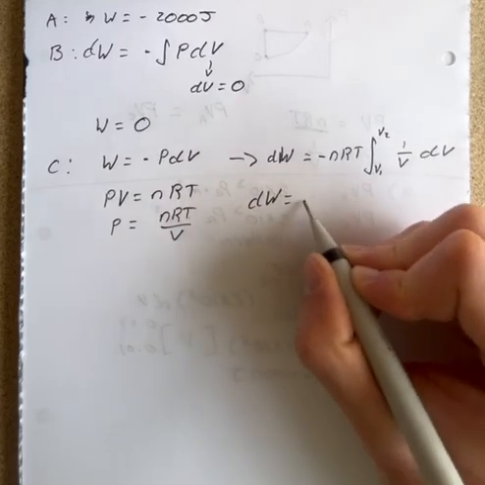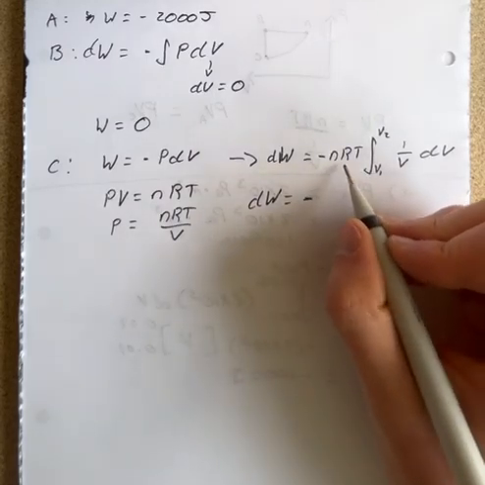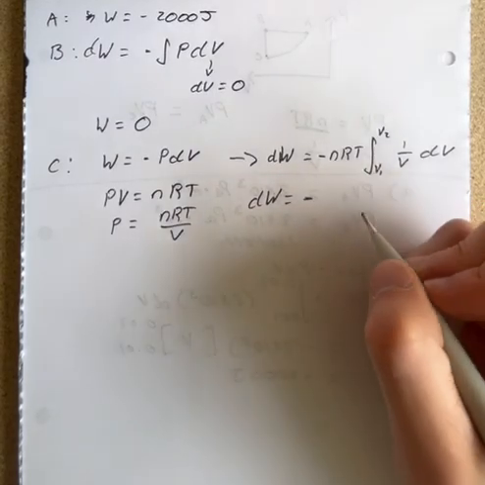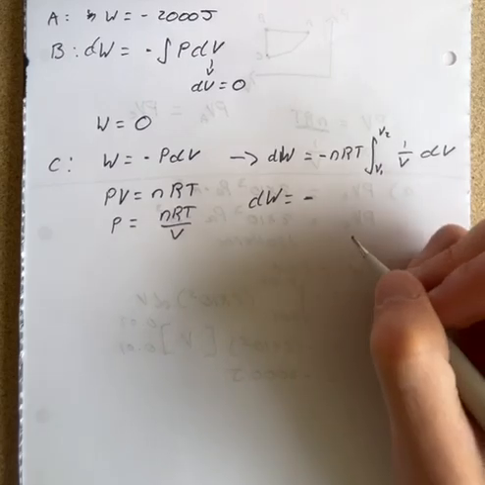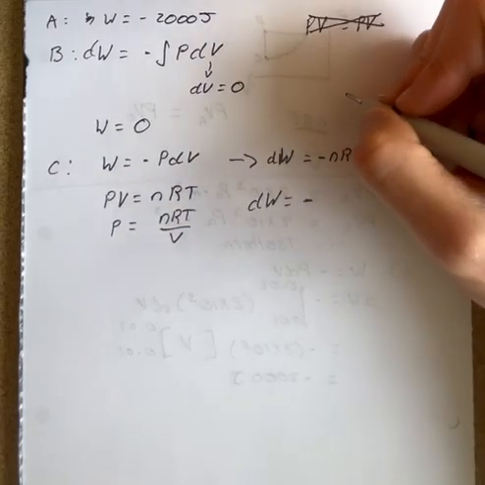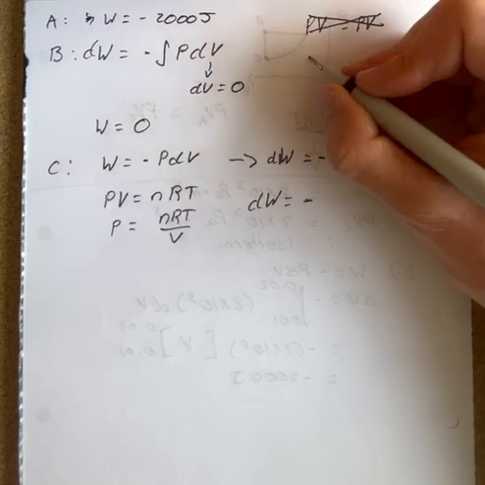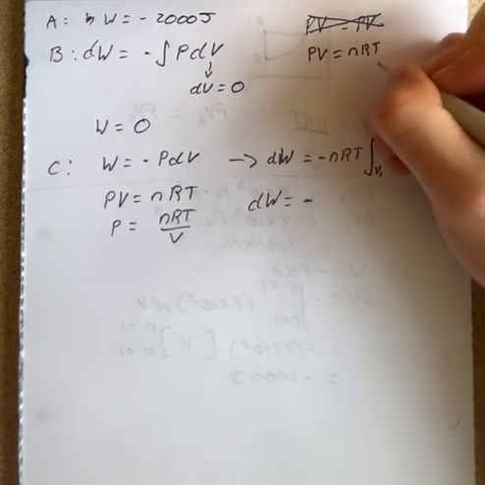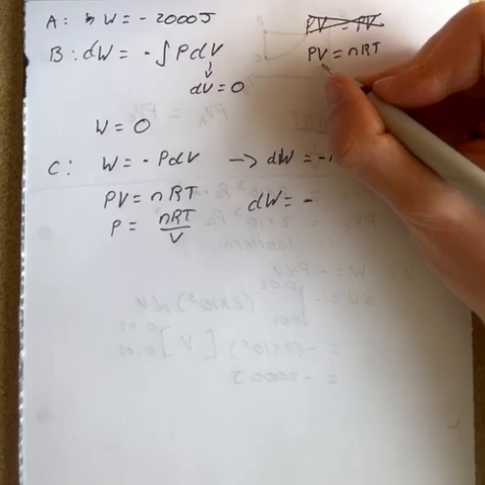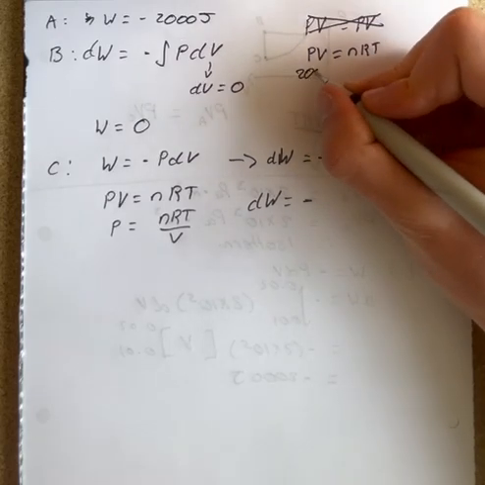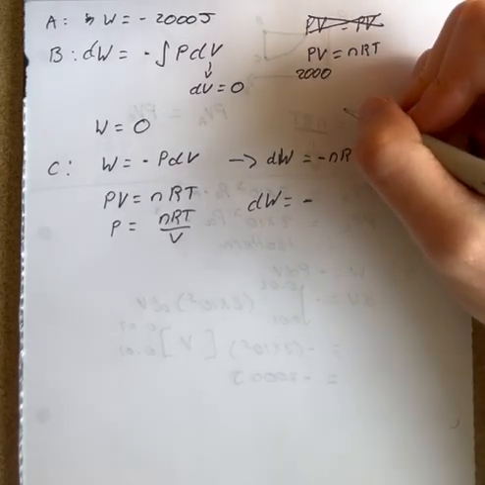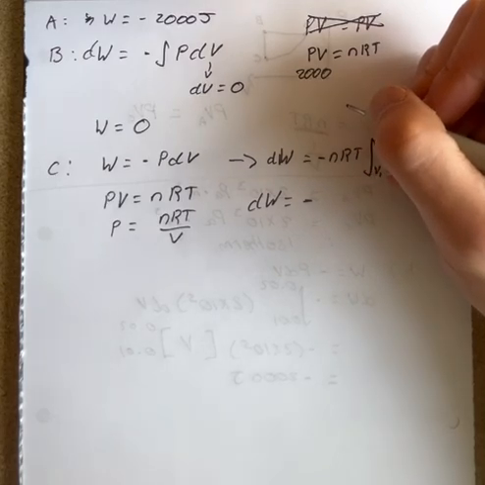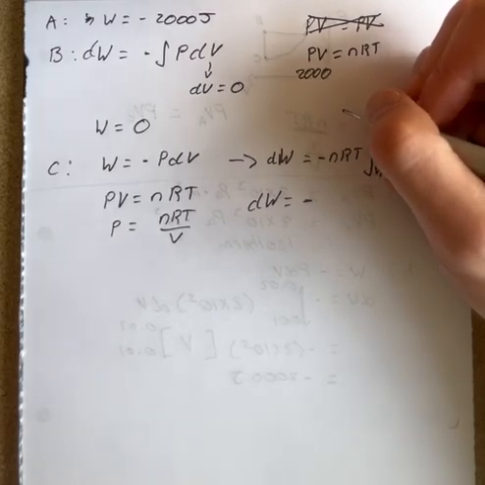W is minus, and we know that nRT is equal to 2000. This is because nRT is a constant in this case. And we solved at state A that PV is equal to 2000, since 2 times 10 to the 5 times 0.01 is 2000, and that's equal to nRT, which is a constant.